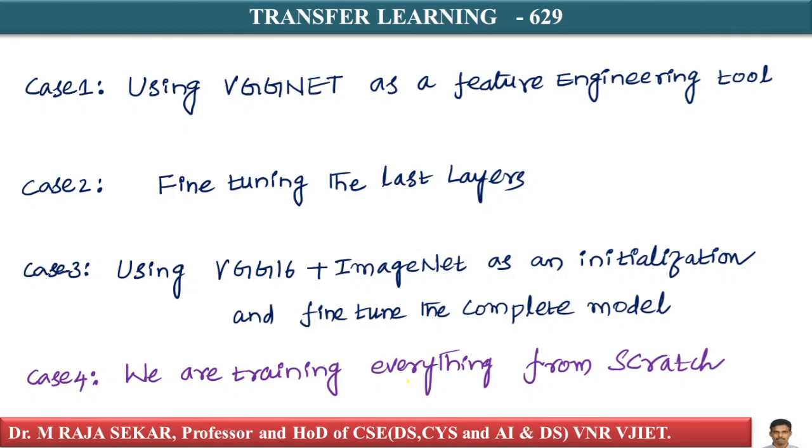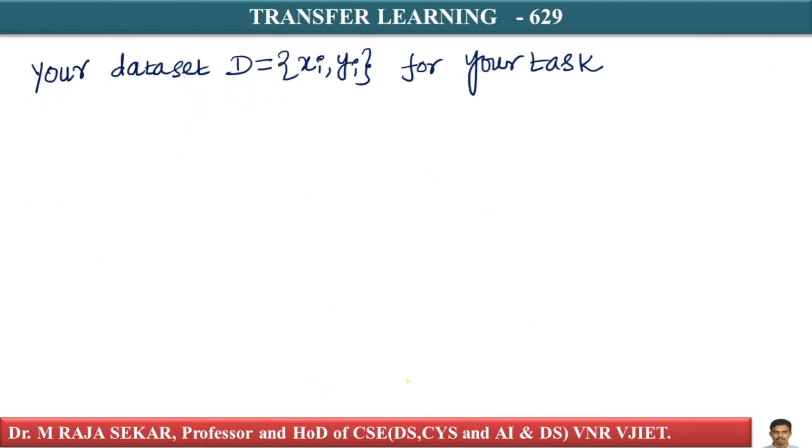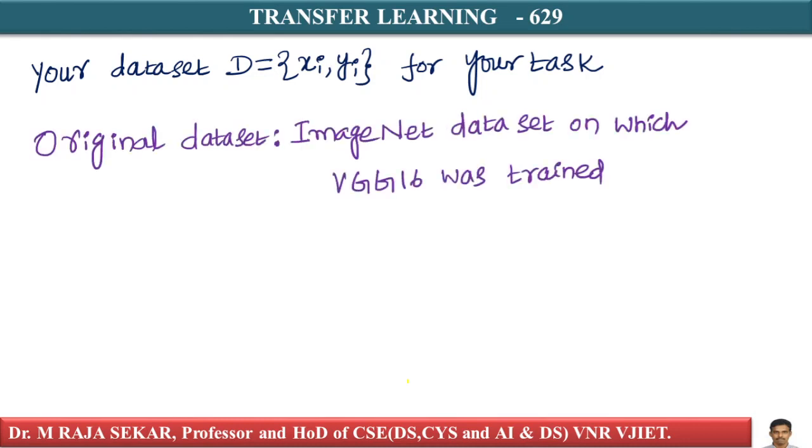So it depends a lot on two things. You have a new data set capital D equal to Xi comma Yi for your task. You have the original data set, which is the ImageNet data set on which VGG16 was trained, isn't it? Which option should you take? That's important.